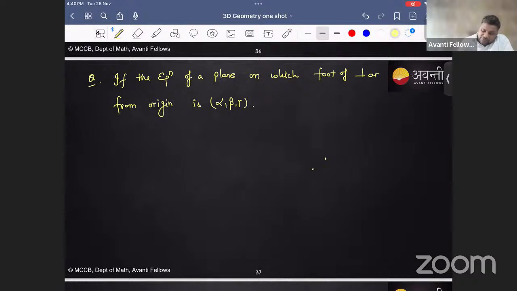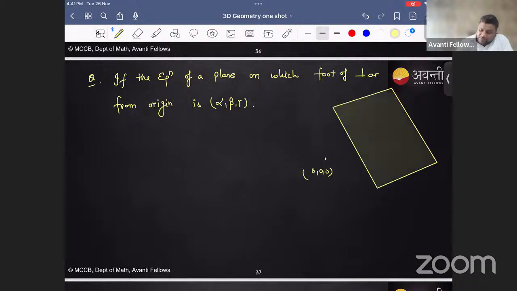Now let us assume this is the origin. Now this is a plane, and on this plane the foot of the perpendicular from origin is given to you as alpha, beta, gamma. That means this vector is the normal vector of the plane. So what will be the normal vector? Normal can be written as alpha i cap plus beta j cap plus gamma k cap.